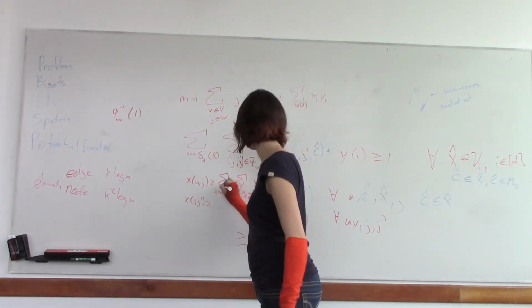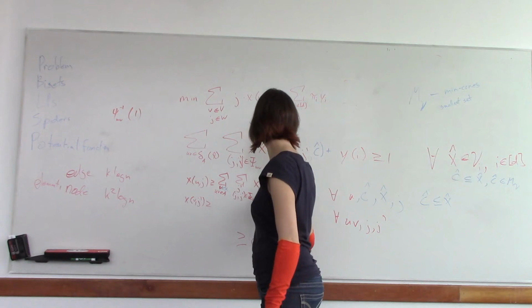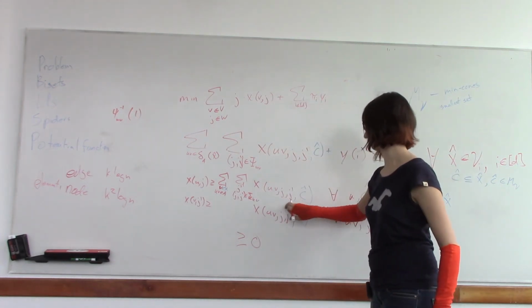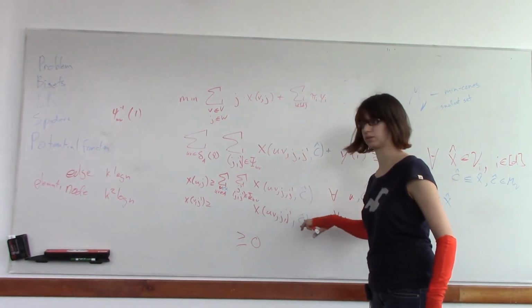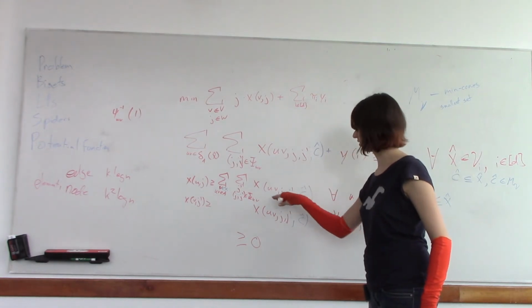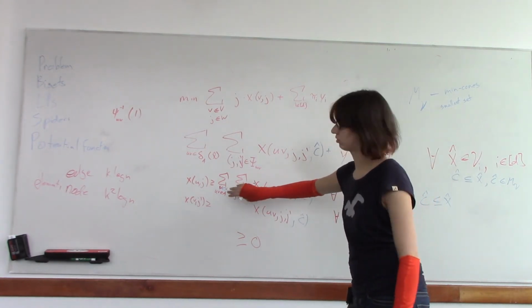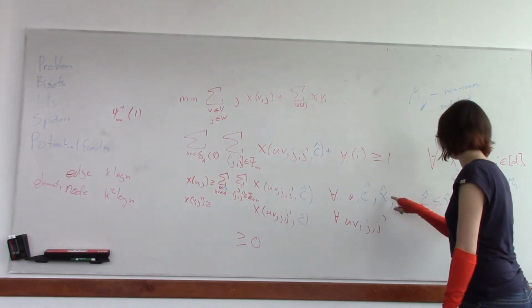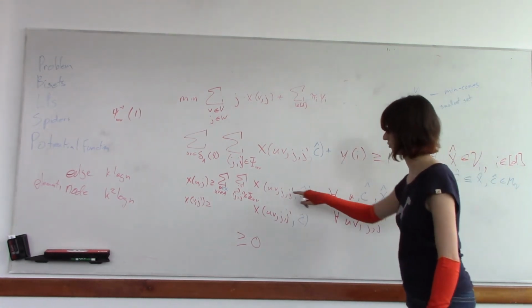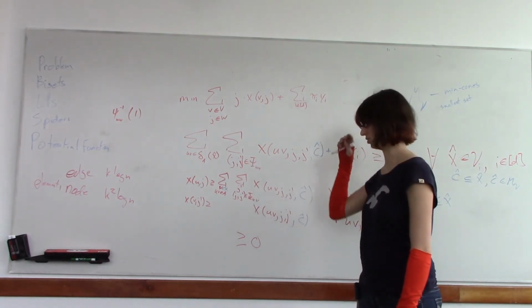A sum over V and a sum over the other possible things, the other possible costs. I see. So you just look at literally every single neighbor you have. So for every X hat and C hat, you do this.